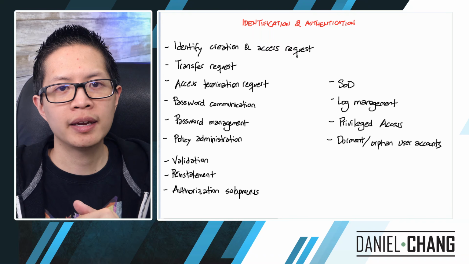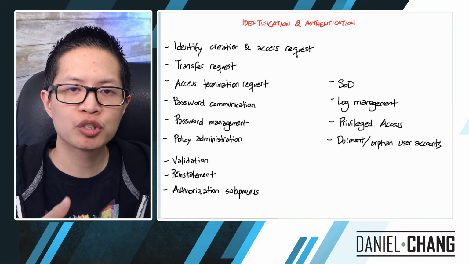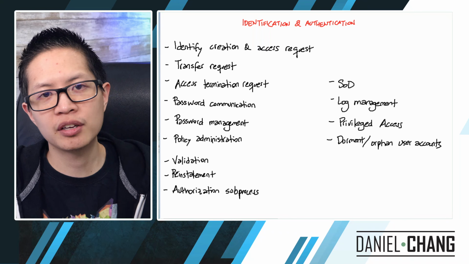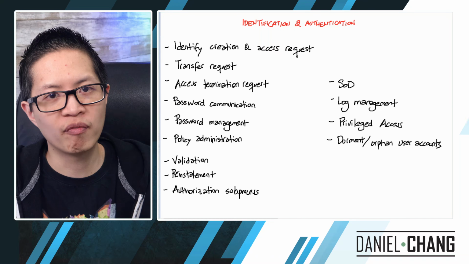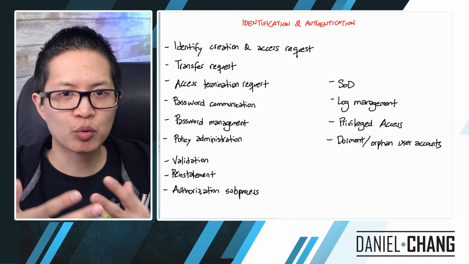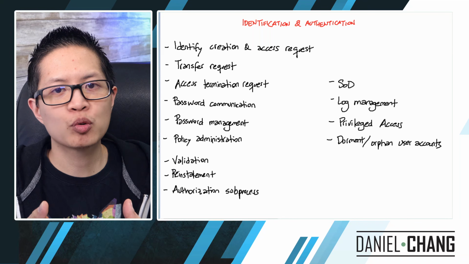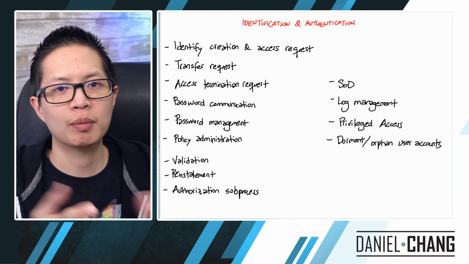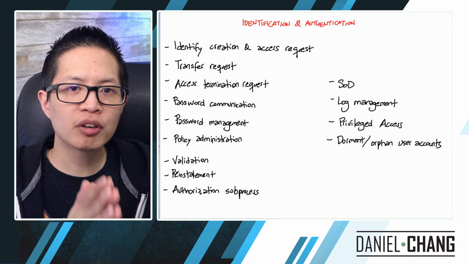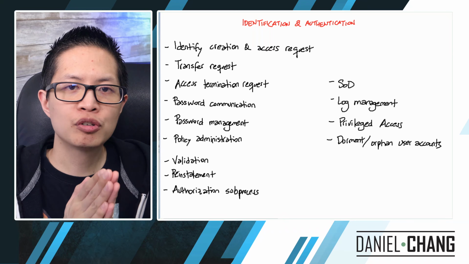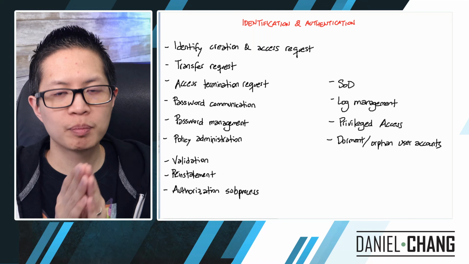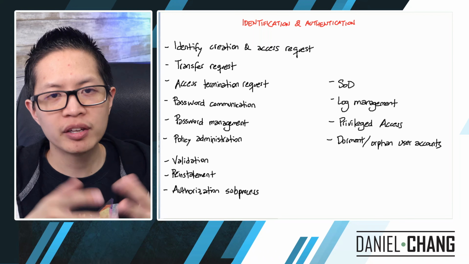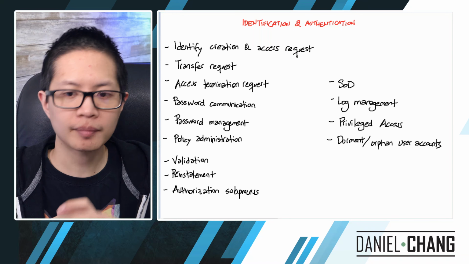Also, how the employees need to share passwords whenever they need to. Do they share it just on a sticky note, or do they share it using a technology like a password vault? Also, if they're using a password vault, how the master password is being protected, etc. So that's basically password management, making sure that you have good processes in place to protect those passwords, to protect the accounts that are later on going to be identified and authenticated into the system.